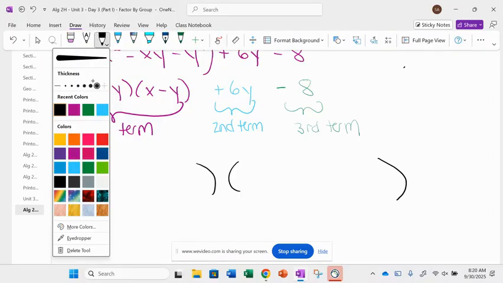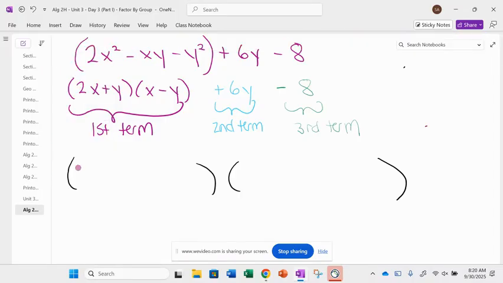So we're going to have a 2x plus y and an x minus y. Now in the second part of the parenthesis, we're going to have factors of 8. Our options are 8 and 1 or 4 and 2. Where do you want to start? 4 and 2. Okay, where do you want to put the 4, in the first or the second? The second. Let's try it. So we'll do a 4 and a 2.